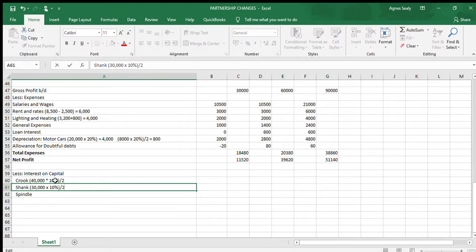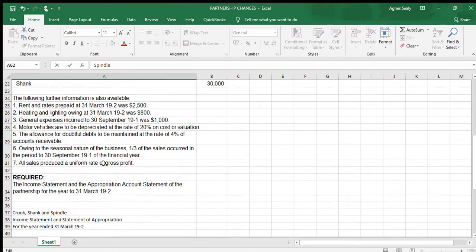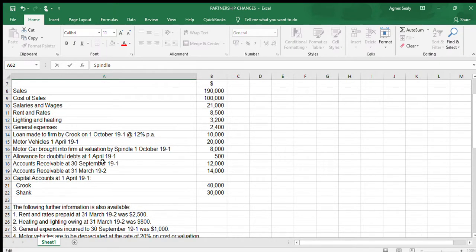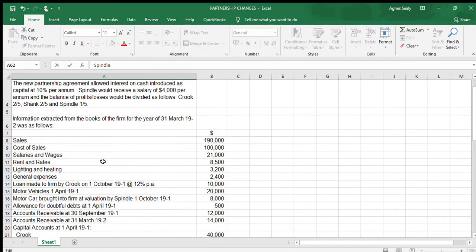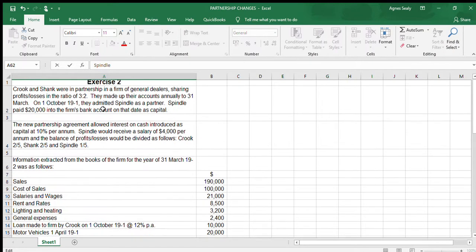So I'm showing some work in here so that you can see clearly where I'm getting some of my figures from. And Spindle introduced, I think it was $20,000 into the partnership.